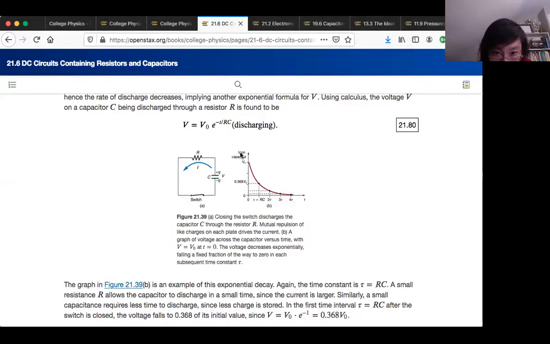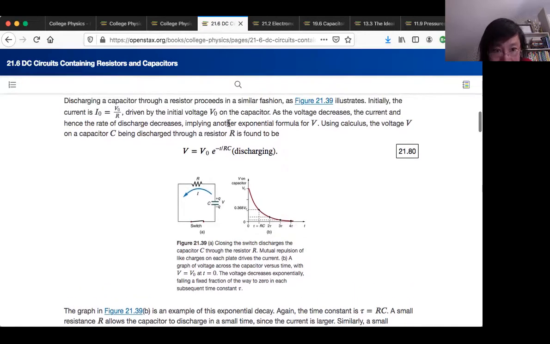And so this is cool. If you want to control how fast or how slow a capacitor is discharging, then you just make sure that your RC time is either big or small. Does that make sense? The amount of time it takes to go down from V0 to 1 over e times V0 is going to be different when your R times C is large.